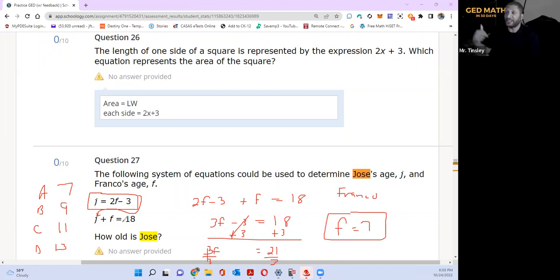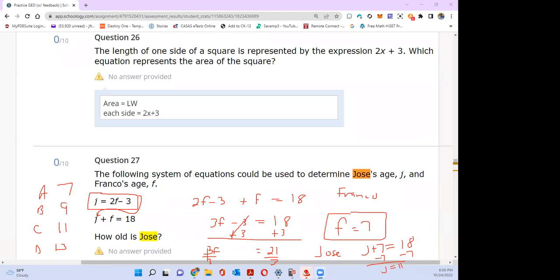So if Franco is 7, how old is Jose? 11, right? And how do we do that? We just plug it back in. So J plus 7 equals 18. If we subtract 7 from both sides, we get J equals 11. Jose is 11. That's how you solve this algebraically.